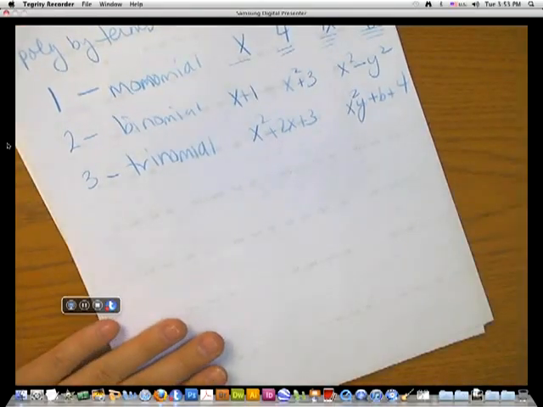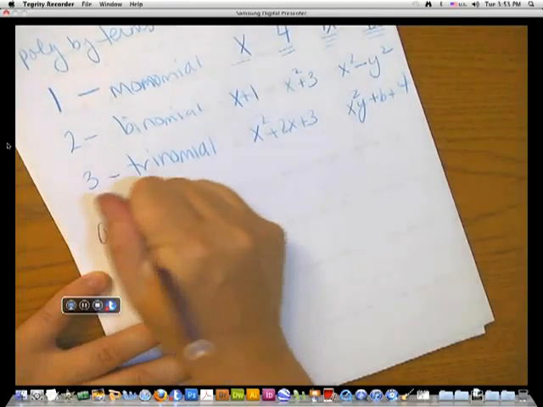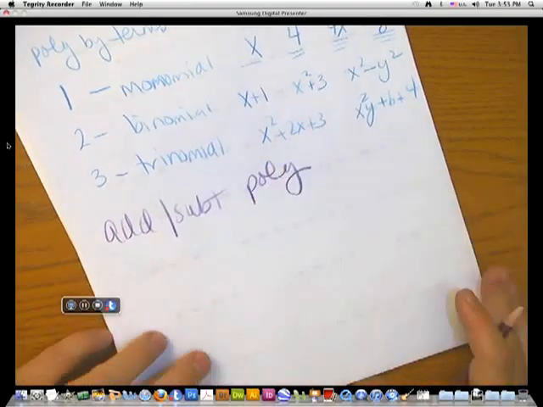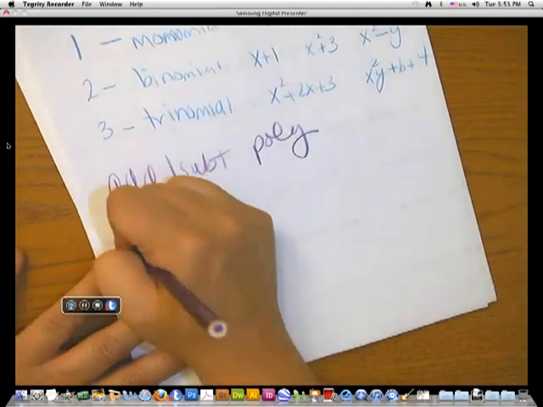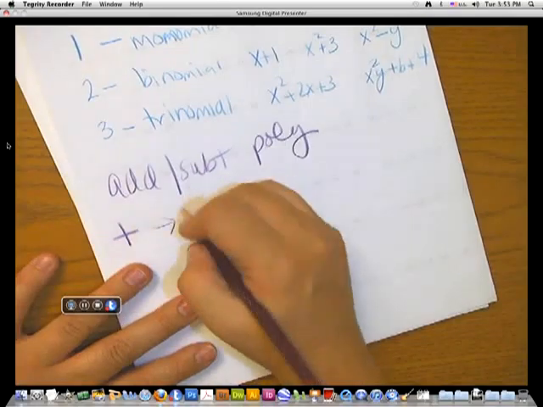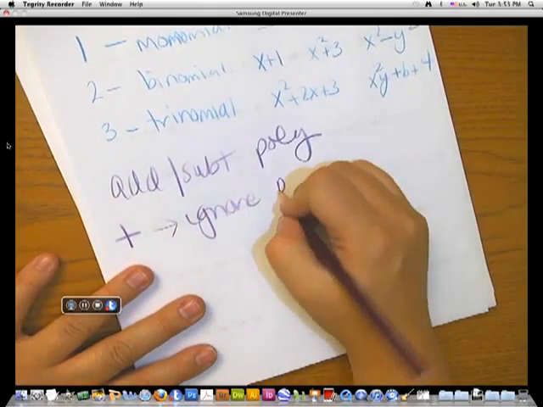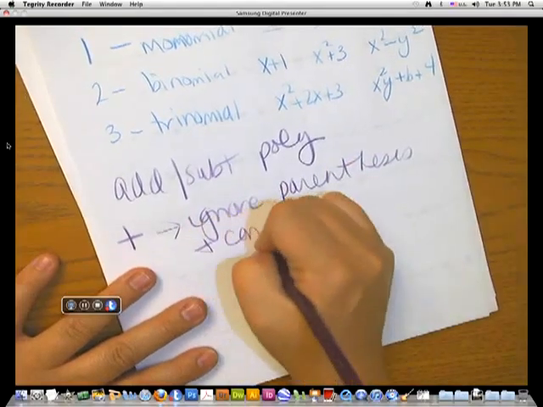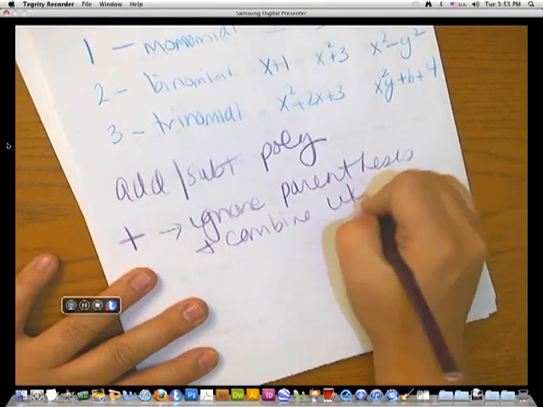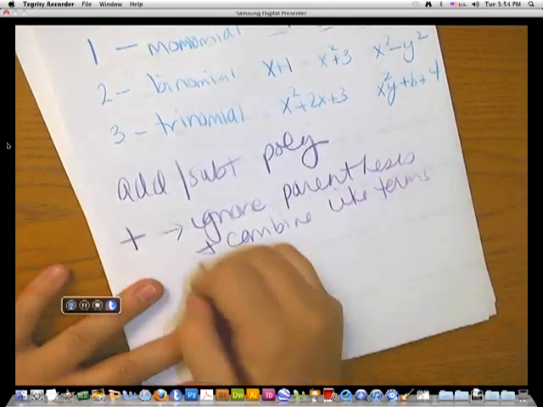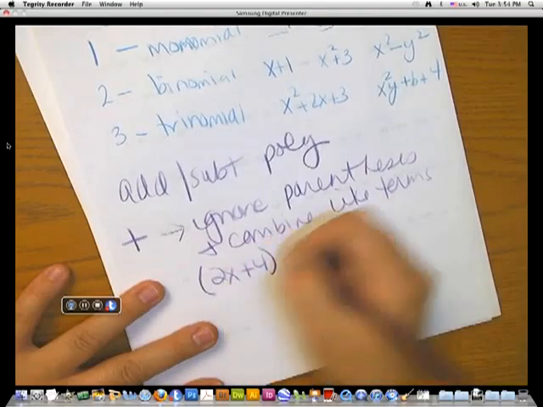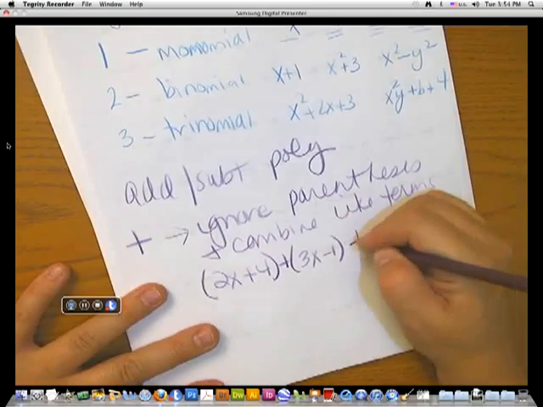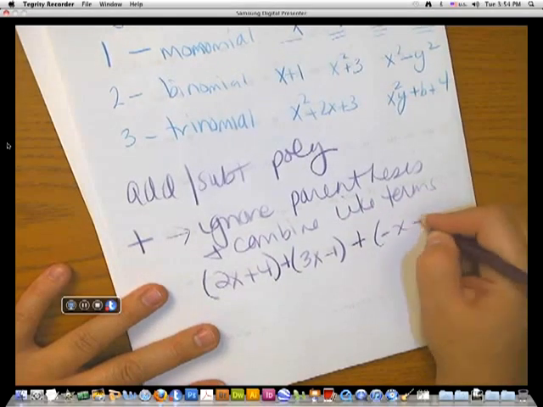Because what we're going to start doing is adding and subtracting our polynomials. When we add our polynomials, you're going to ignore parentheses and combine like terms. Because more than likely you're going to see something like 2x plus 4 plus 3x minus 1 plus negative x minus 5.